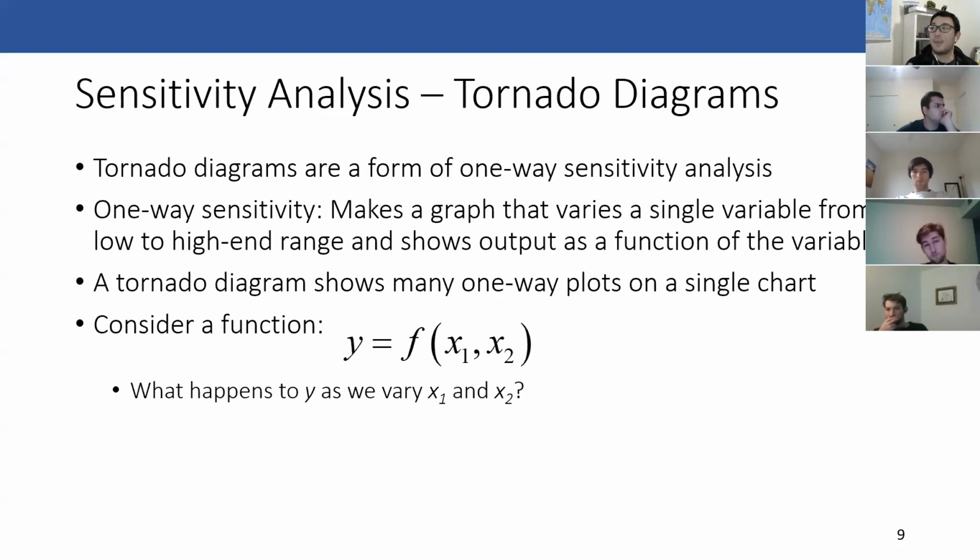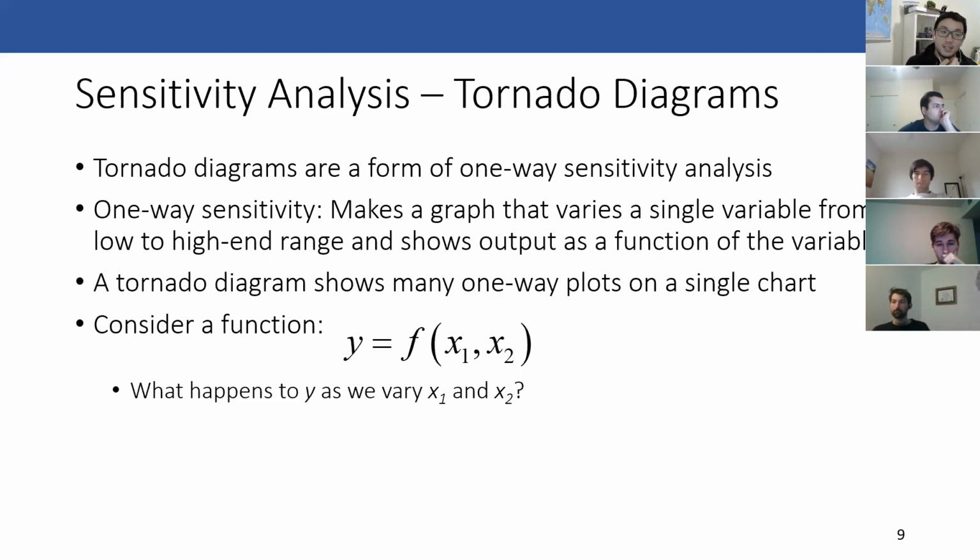So the main idea is if you have some kind of function with a couple of inputs like x1, x2, and this can go on to have as many inputs as you want, the basic question is what happens to your outcome, y, as you vary each of your variables individually, so x1 and x2 and so on and so forth.